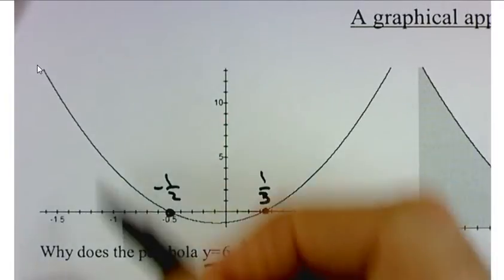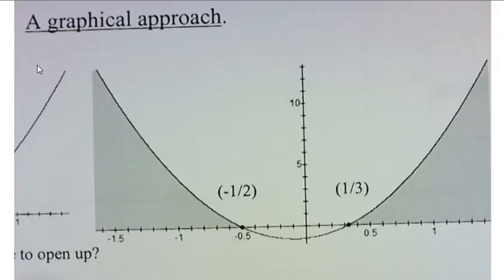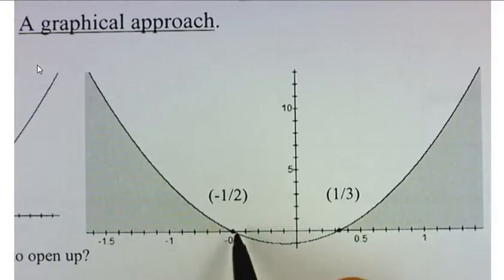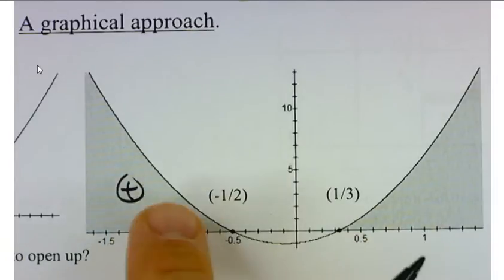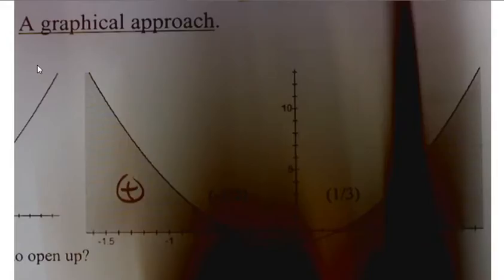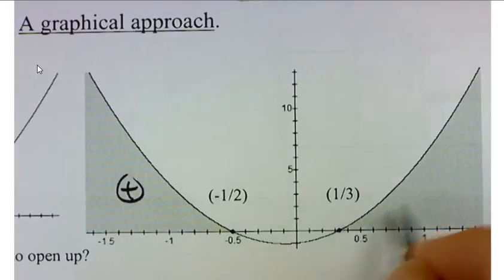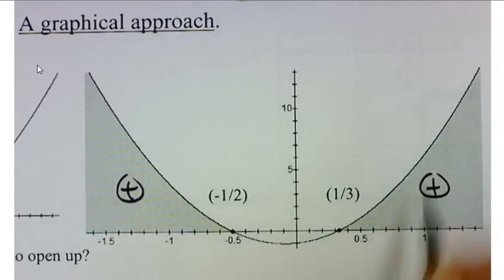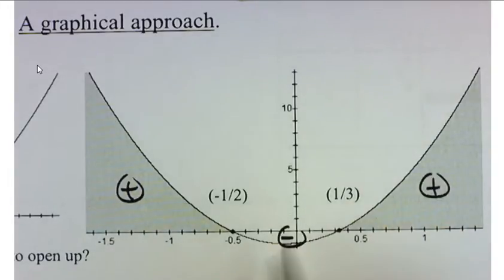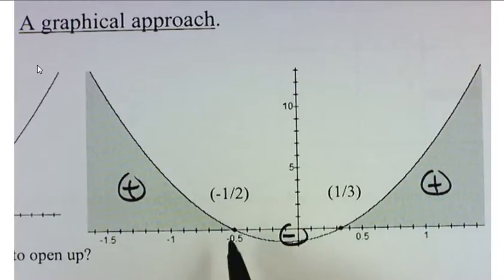I think you can see visually, and I've highlighted over here, that to the left of negative 0.5, the function is positive. It's above the x-axis. Same thing to the right of 1/3. It's between these two that the function dips below the x-axis. So the function can only change signs at these points.